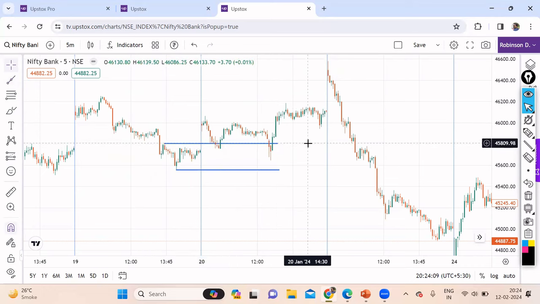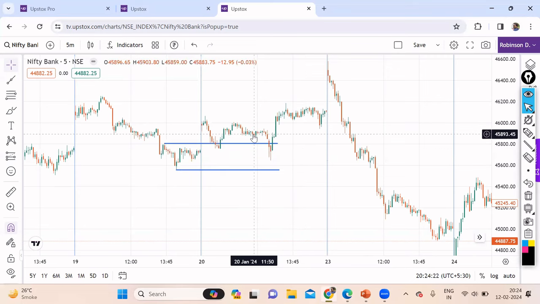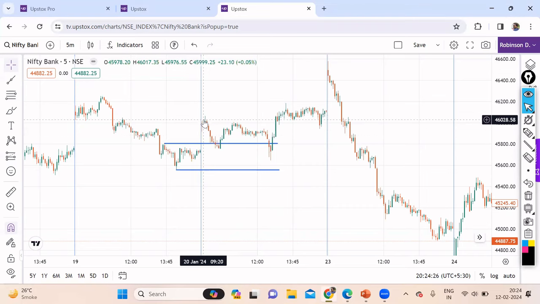What is the range, 45,800 to 45,550? So roughly 250 points. So see what the market did. The market opened gap up and came inside this range.